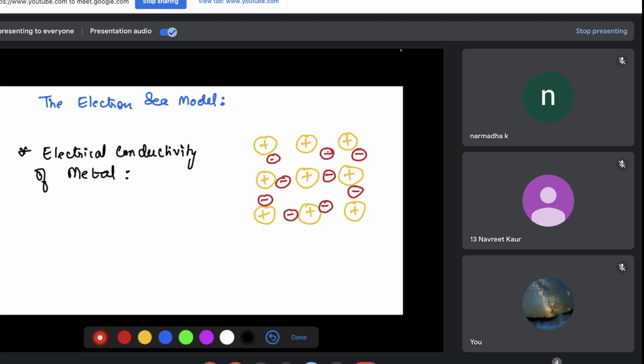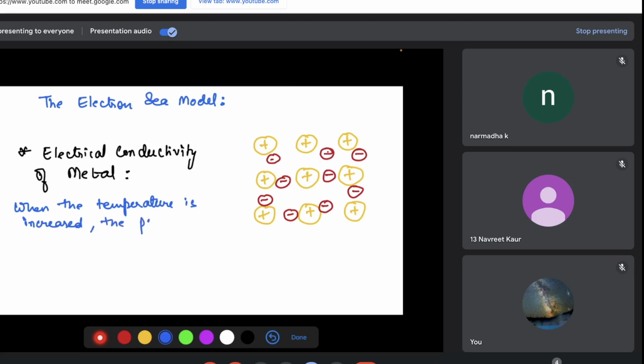That reference I will give you at the end, but here we can discuss how temperature affects the electrical conductivity of a metal. When the temperature is increased, the positive ions inside the metal conductor, the atoms basically, start vibrating.